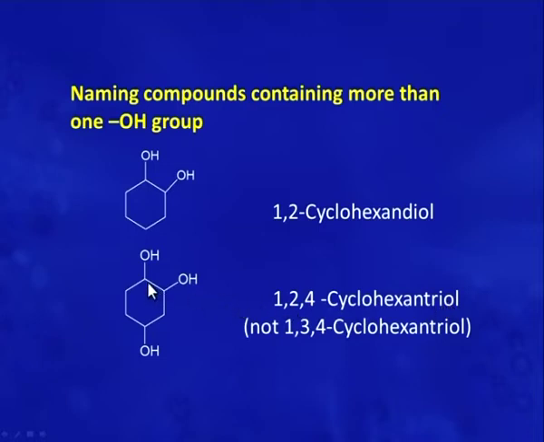If you number the hydroxy from here 1, 2, 3 and 4, 1,2,4-cyclohexane triol will be the name. But if you number it from this hydroxy, the numbers will be 1, 2, 3 and 4, that is 1,3,4-cyclohexane triol. This is not the right name, because we discussed earlier that the numbering of the substituents is done in such a way that they get minimum numbers in the main chain.